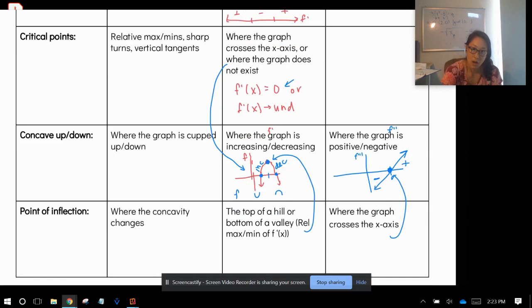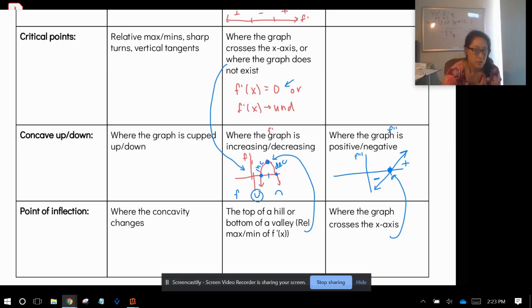On the graph of f prime, if the arm is increasing, we know the graph is concave up. And if the arm is decreasing, the graph is concave down. And then we can also tell where the points of inflection are by looking at the relative max or min of the graph of f prime.